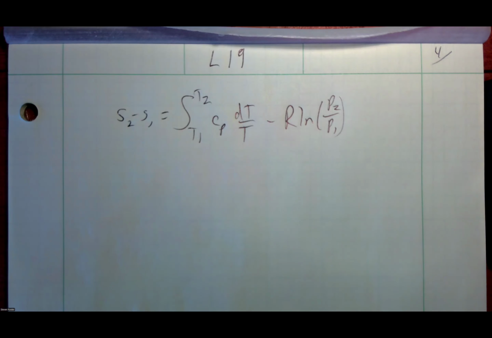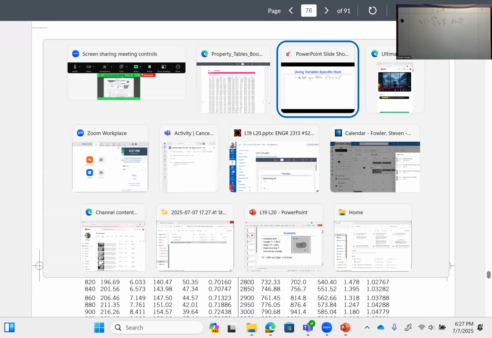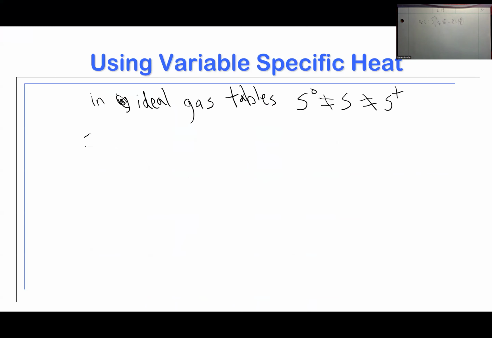So what these S naught values do for us is allow us to quantify the portion of the entropy change that is a function of temperature.